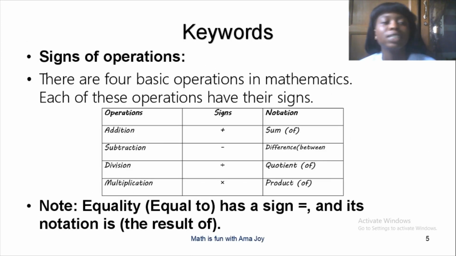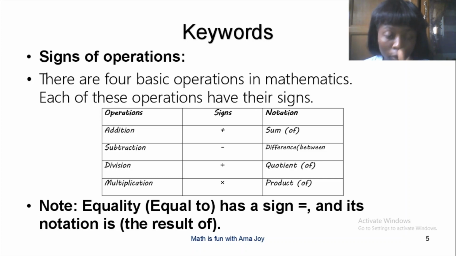Then the next one is the signs of operations. There are 4 basic operations in mathematics. Each of these operations has its respective sign. So I've highlighted them in a tabular form. We have the operations, the signs, and the notation.